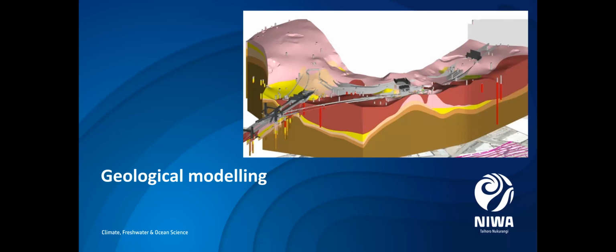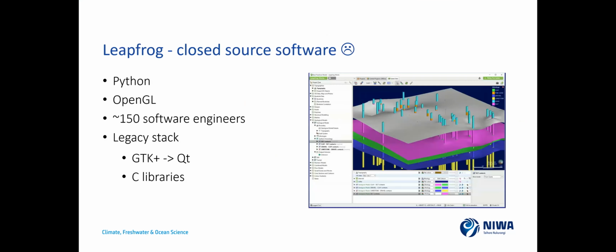So this is just another case study, as I said, a different application in this case. We've got a commercial software tool. I was a research engineer. So Leapfrog is the primary software application.